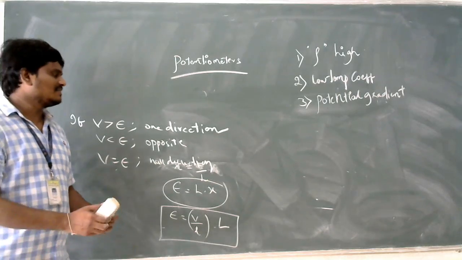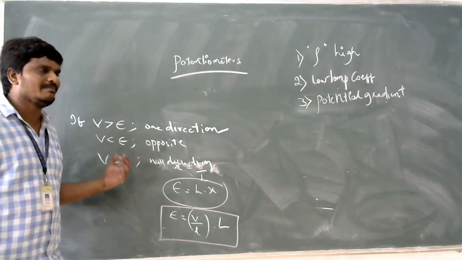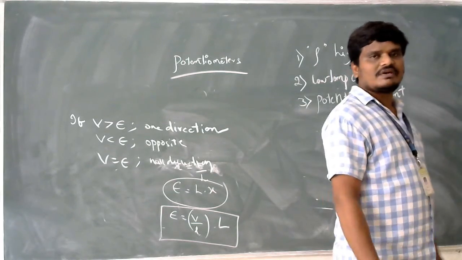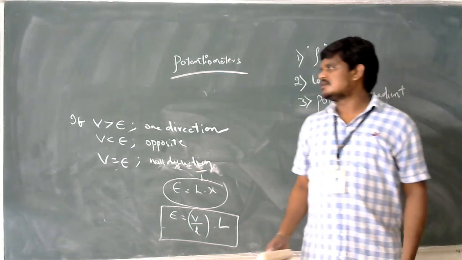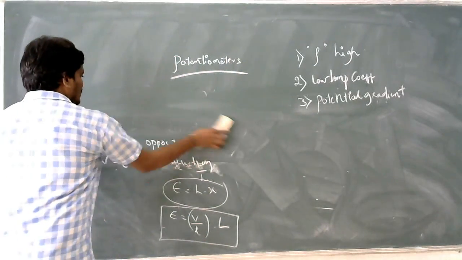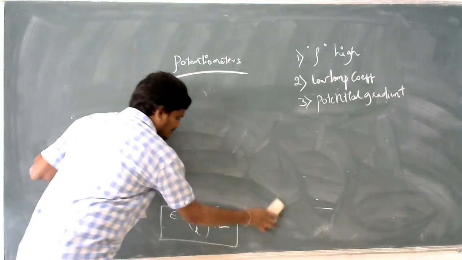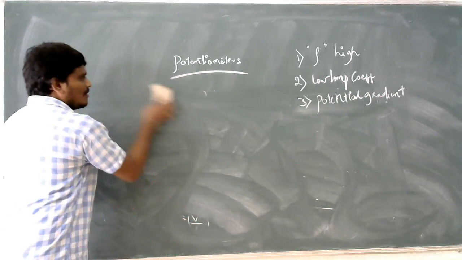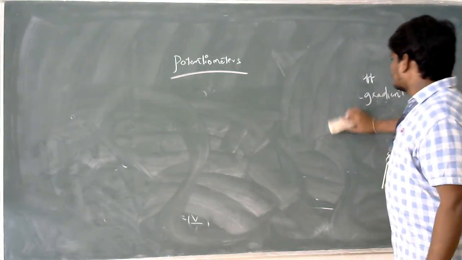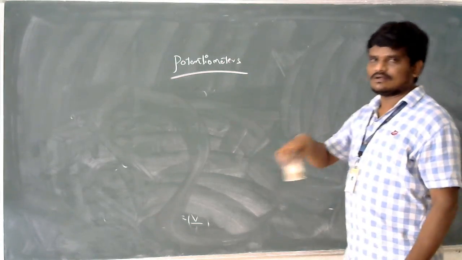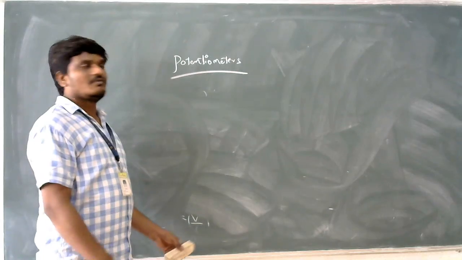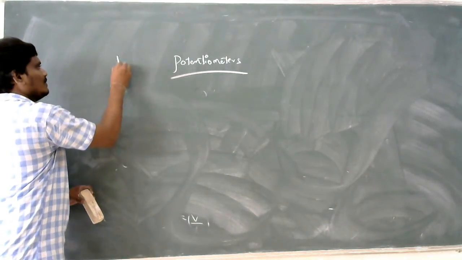So standardization of a potentiometer is mainly based upon the unknown EMF and the position of the galvanometer. These are the parameters we have discussed regarding the potentiometer, its construction, working, and the expressions for current, voltage, and potential gradient. Now we will discuss types of potentiometers.